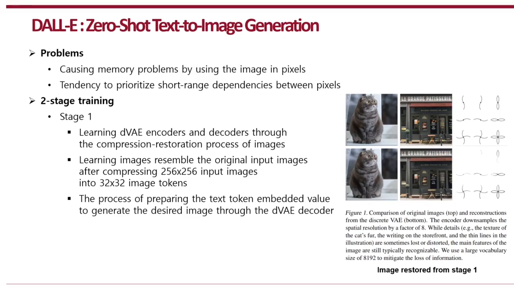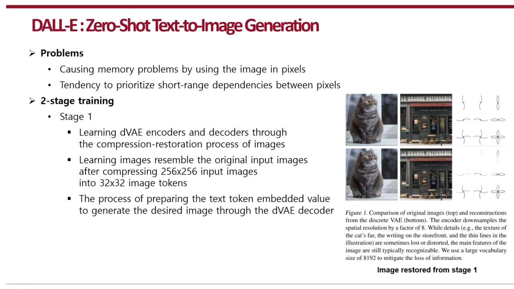Therefore, stage 1 can be the process of preparing the text token embedding values to generate the desired image through the dVAE decoder. And through this compression, visual quality may be maintained while compressing the context size that the transformer has to process by 192 times. The encoder works to reduce the spatial resolution by 8 times.